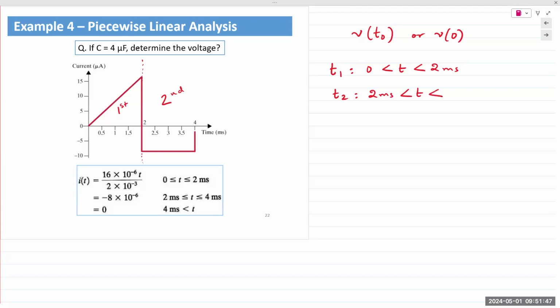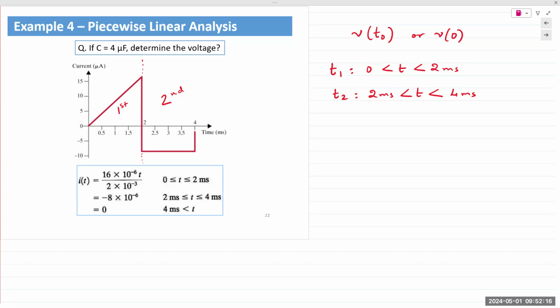So T0 for T2 is 2 milliseconds. It's not 0. And this was the point I was making earlier. T0 is the beginning point of your analysis. It could have any value. So every time period, every piece will have T0. T0 for the first time period is 0 milliseconds. T0 for the second time period is 2 milliseconds.